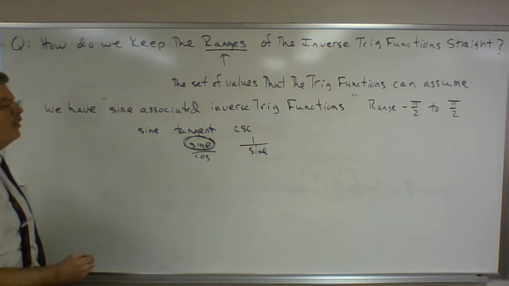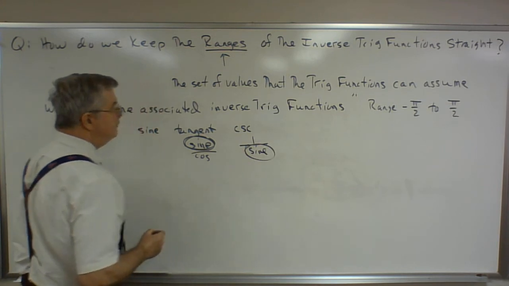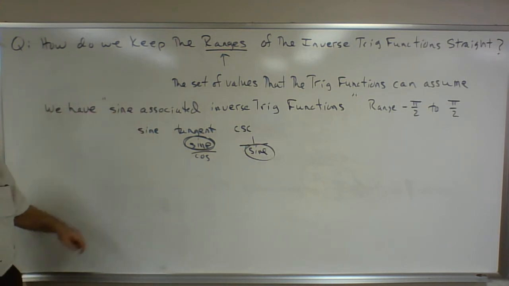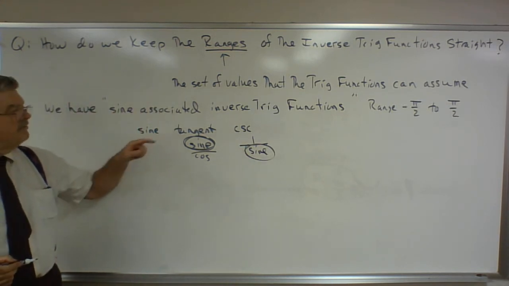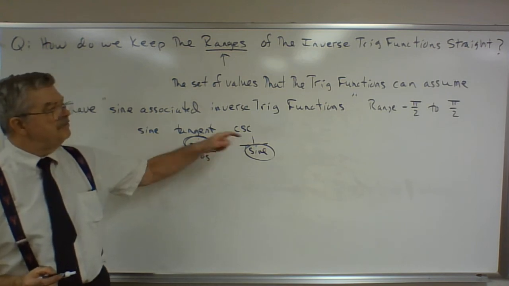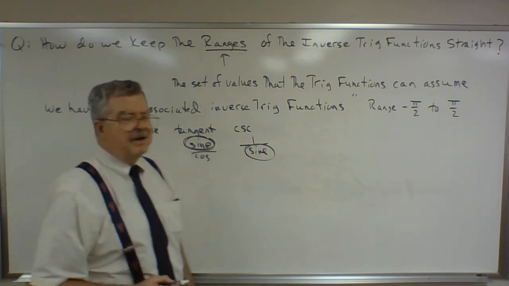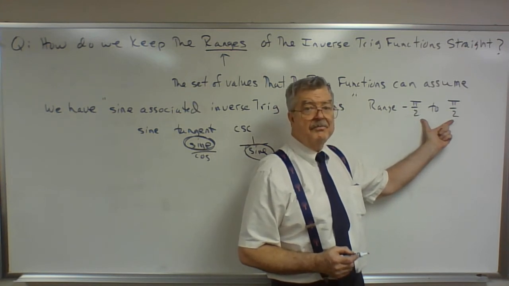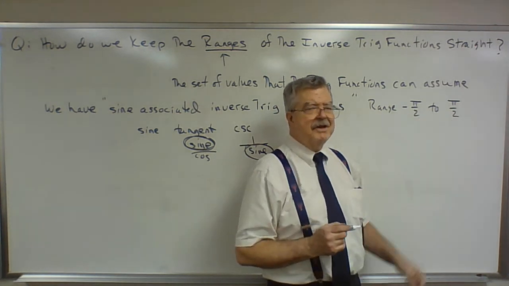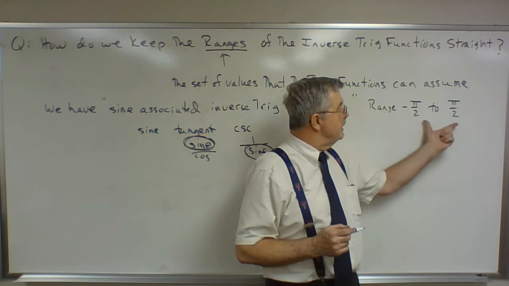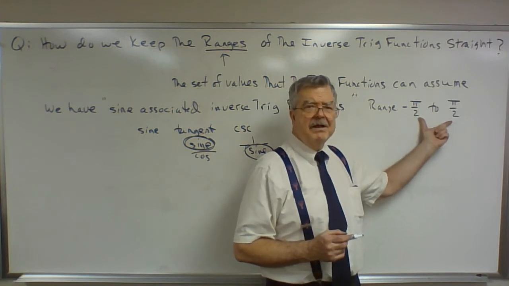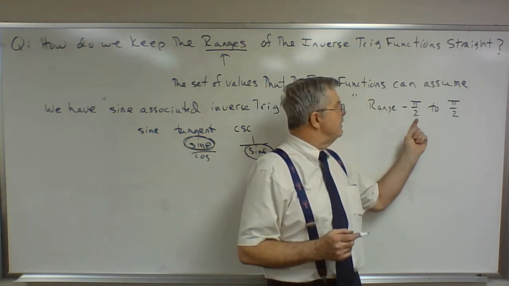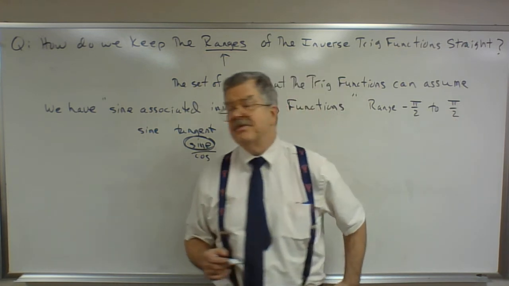So I'll call all of these sine associated functions. Inverse sine, inverse tangent, inverse cosecant, they're all going to have ranges between negative pi over 2 and pi over 2 with some modification. Either we're going to have to pluck out the midpoint or maybe exclude the endpoints. But essentially we go negative pi over 2 to pi over 2.